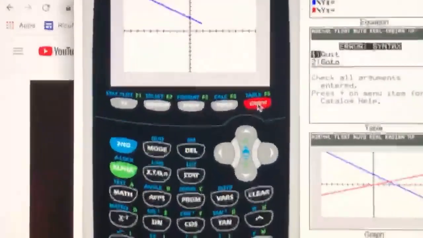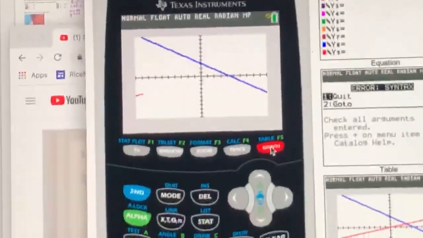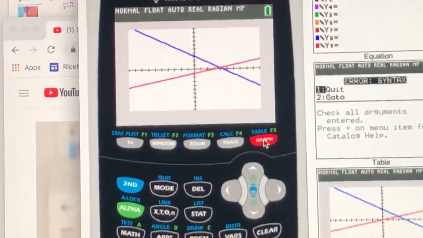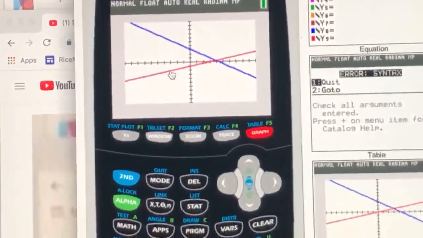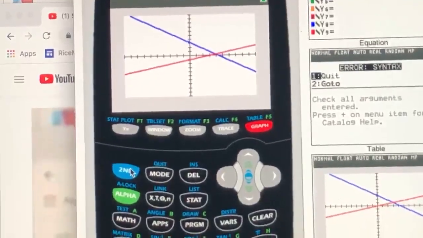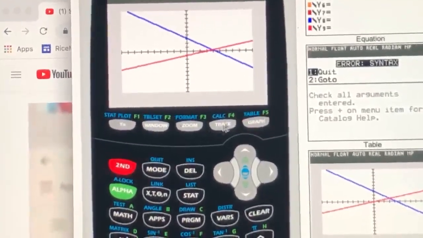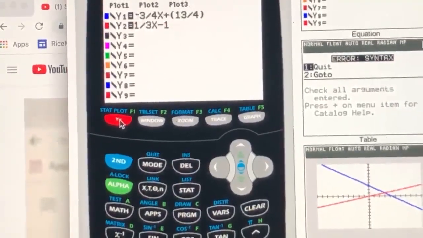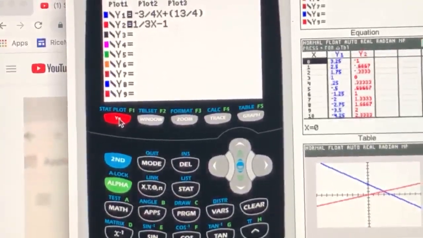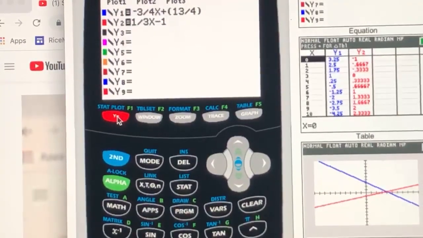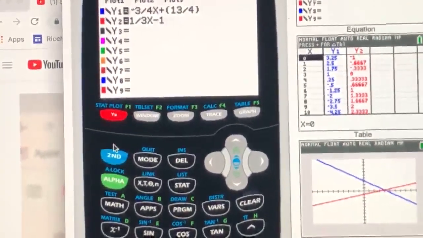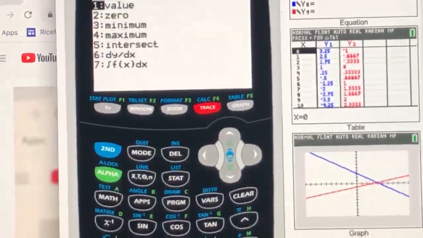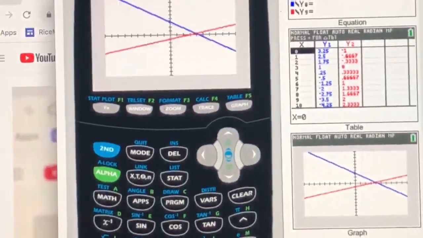Okay, notice when we hit graph, if you could see that, we're now going to see where these intersect. Did I type them in right? 1/3 x minus 1, negative 3/4 x plus 13/4. We're going to see where these intersect.